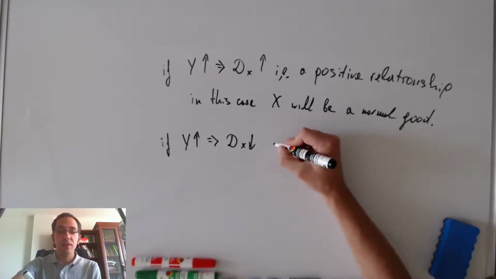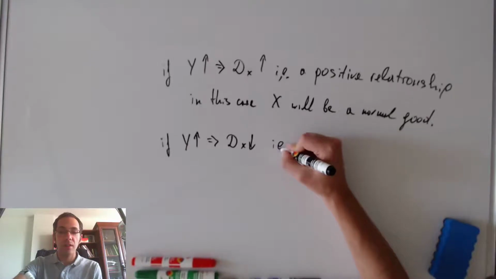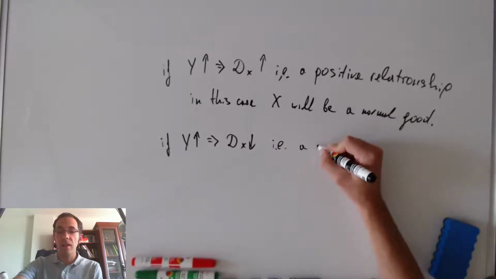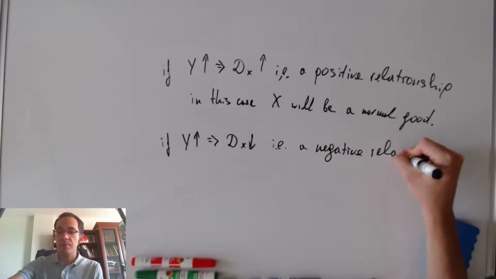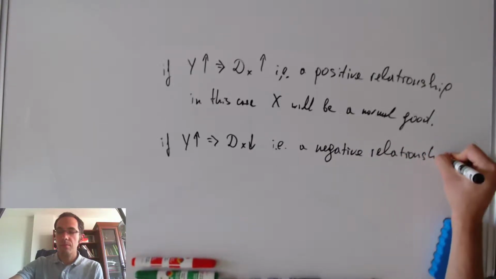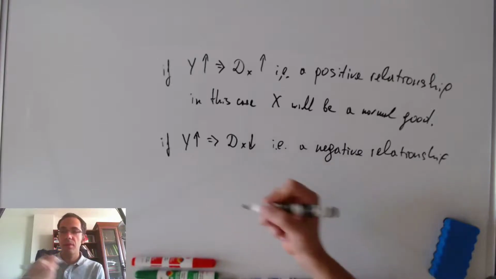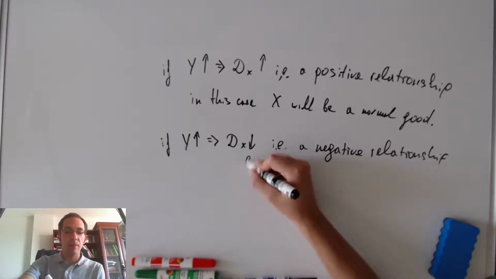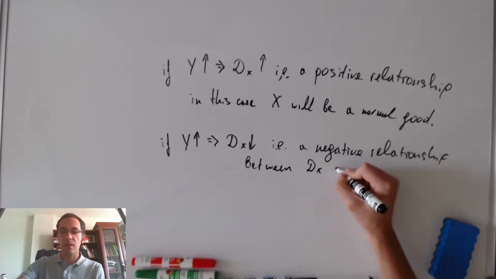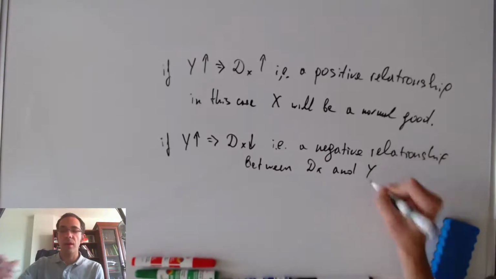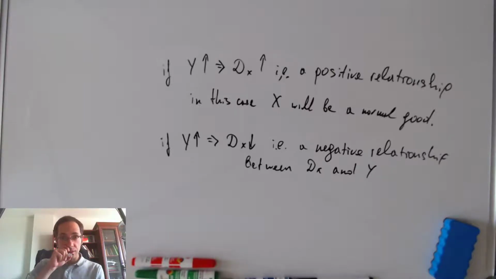So in this case, this will be a negative relationship between D of X and Y. So if this is the case, then X will be an inferior good.